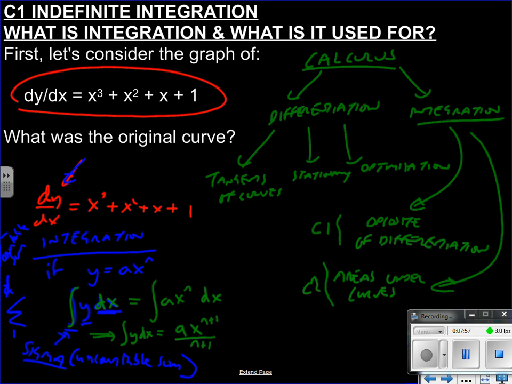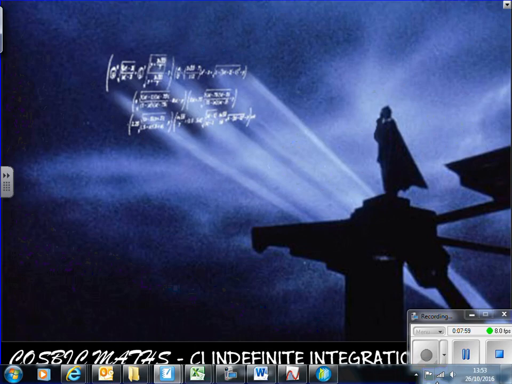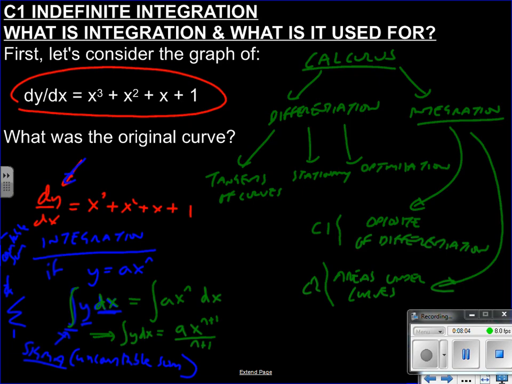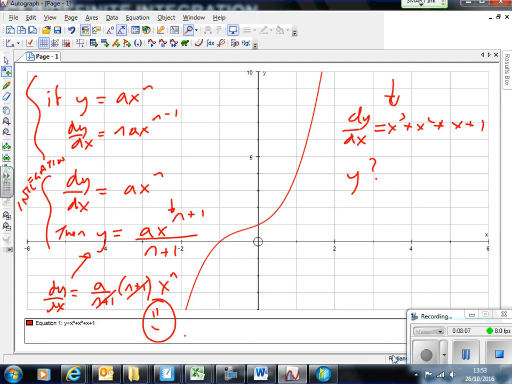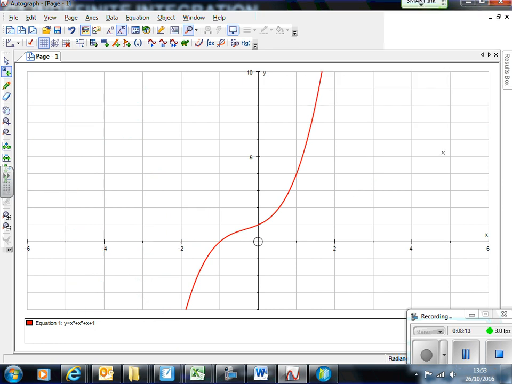Let's go back to our curve that we were working on before. So this curve here, rub all this out. Okay, so we had dy by dx is x cubed plus x squared plus x plus 1.